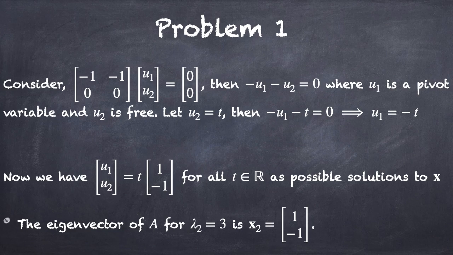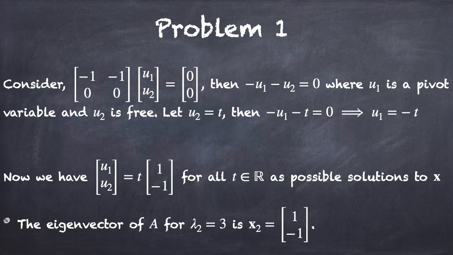After factoring out t from those vectors, we get t times (1, negative 1) for all possible values of t, right? So again this vector (1, negative 1) is a special solution, hence the eigenvector of A for lambda 2 equals 3 is x2 equals (1, negative 1).